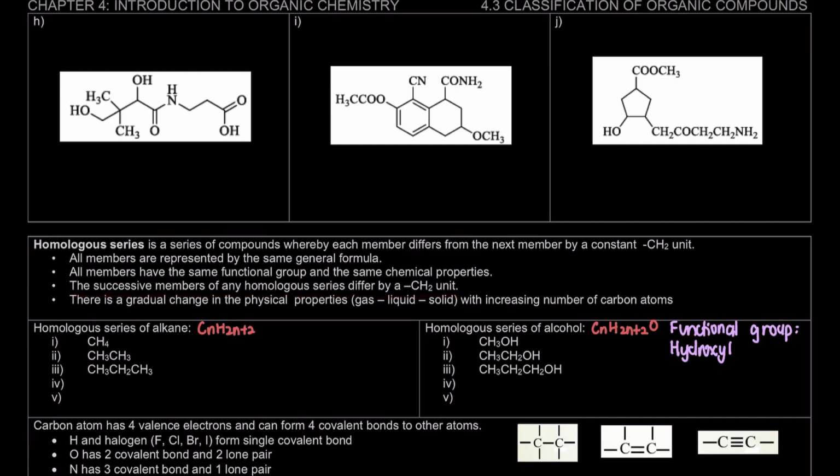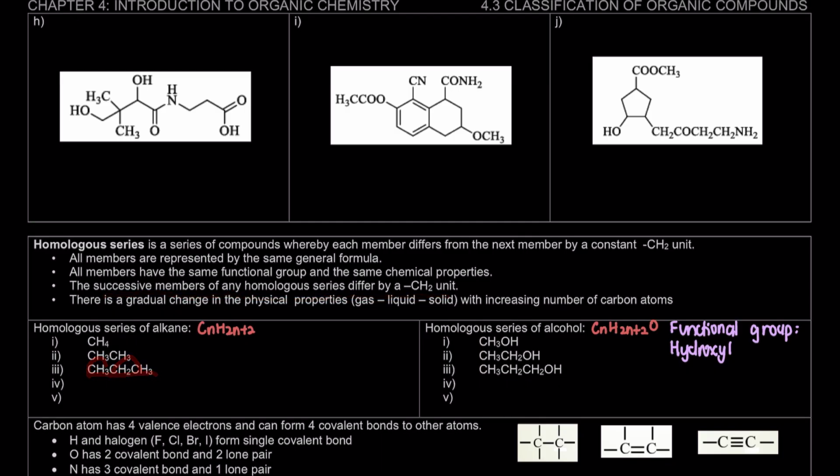First, let us look at the case of alkane. We have CH4. When we have 3 carbon, we have CH3, CH2, CH3. Successive means continuous.